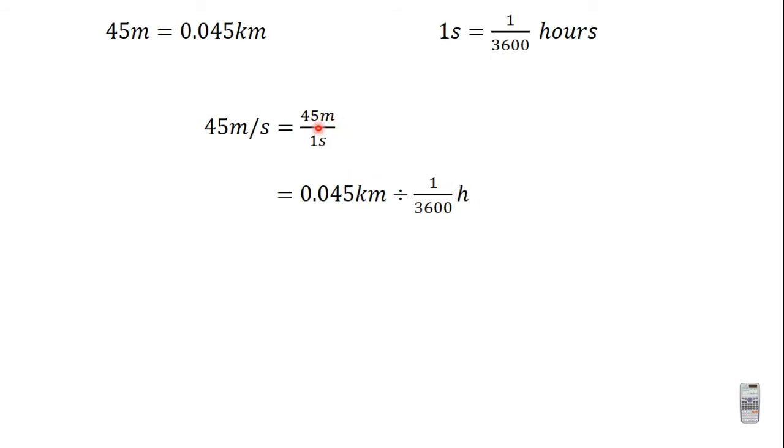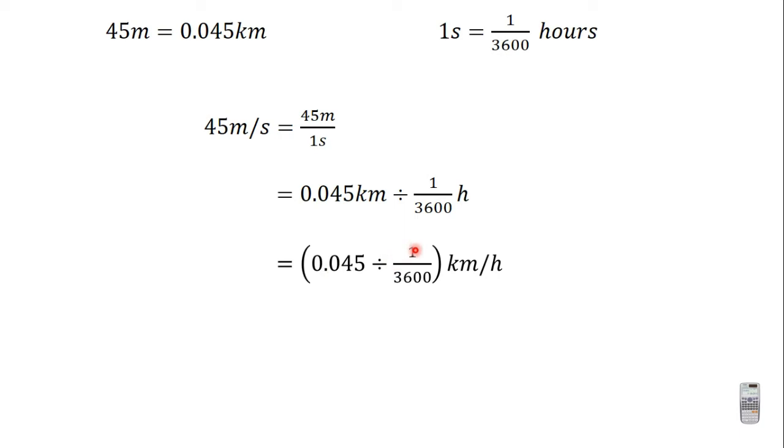So 45 meters divided by 1 second is giving us 0.045 kilometers divided by 1 divided by 3,600 hours. We can divide the numbers separately. When we do that, we are going to have 0.045 divided by 1 divided by 3,600. So you do this on your calculator. Kilometers divided by hours will give us kilometers per hour.